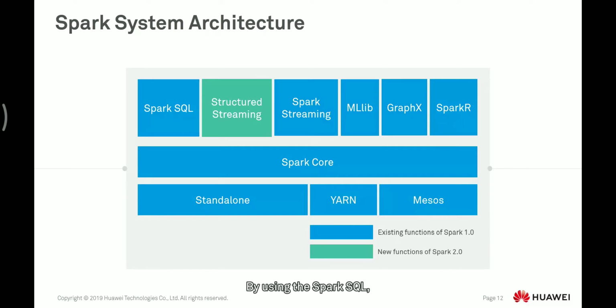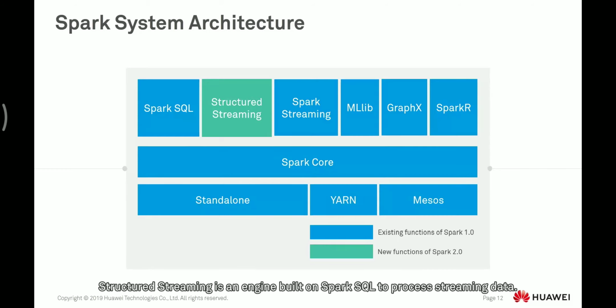By using Spark SQL, ETL operations can be executed based on different data formats, such as JSON, Parquet, and ORC, and data sources, like HDFS and database, to complete specific query operations.